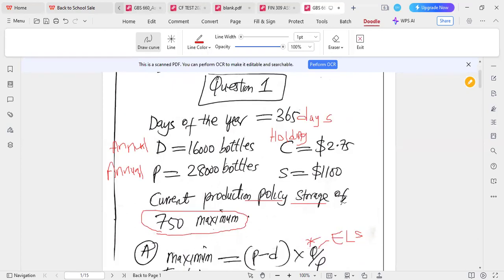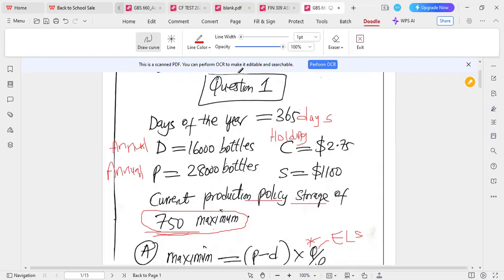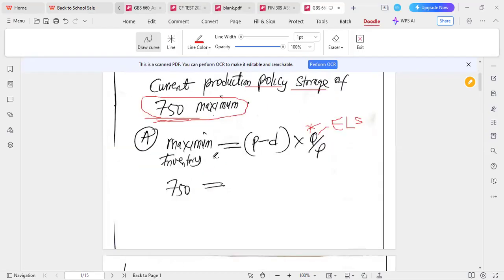So the current production policy storage is 750 bottles maximum, according to the question. So we need now to find out using the formula for maximum inventory, which is given by (P minus D) multiplied by Q over P. ELS simply means economic lot size.